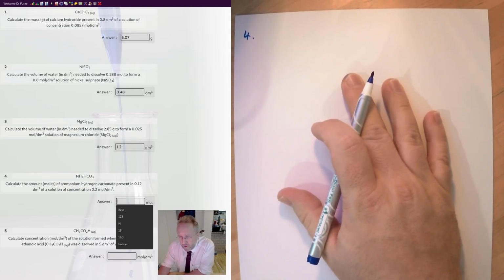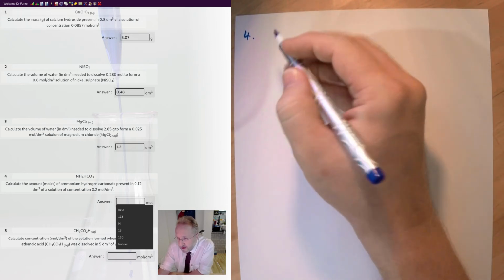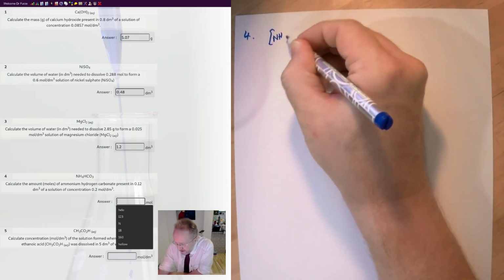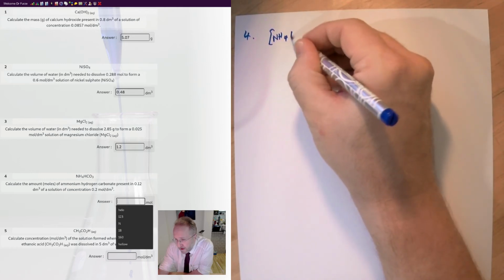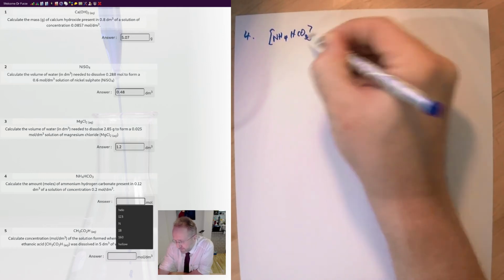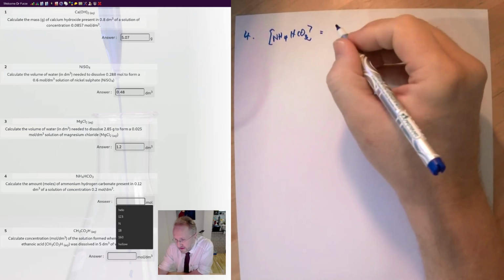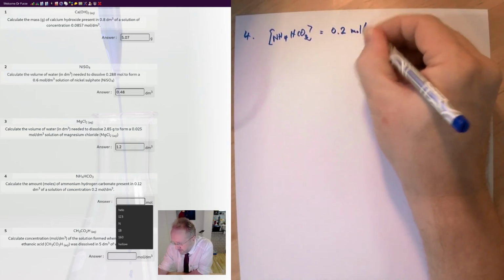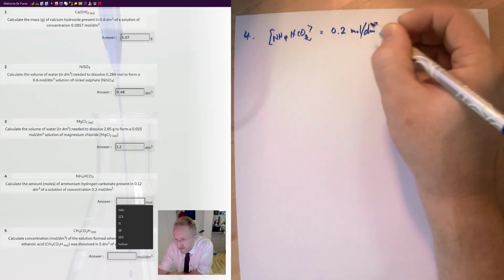Calculate the moles present in 0.12 decimeters cubed of a solution of concentration 0.2 moles per decimeter cubed. So, ammonium hydrogen carbonate, NH4HCO3, the concentration of that is equal to 0.2 moles per decimeters cubed.